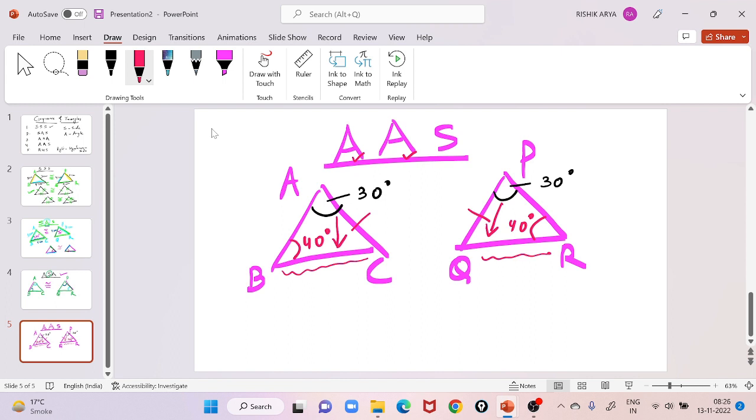So BC should be equal to QR. And if BC is not equal to QR, then we have to check whether AC, that means the side opposite to 40 degrees, corresponds to PQ here. So we can see that if this is 5 centimeter length, this is also 5 centimeter length. So yes, by AAS congruency, both the triangles are congruent to one another.